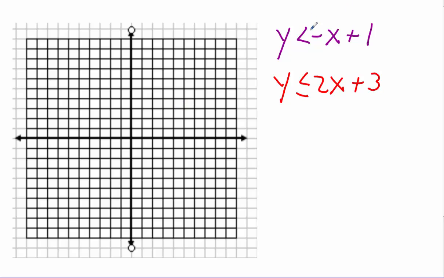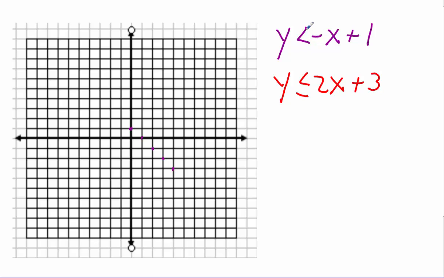So if we look here, I'm going to graph the purple one first. You're going to graph it just like you would an equation. The first point we're going to graph is our y-intercept, which is +1 right here. Our slope is -1. We're going to go down 1, right 1, down 1, right 1, and so on. The only other step with graphing an inequality is that there's no equal sign.